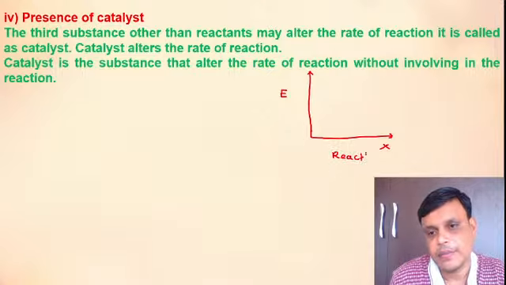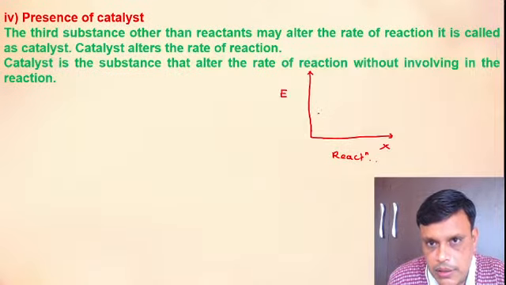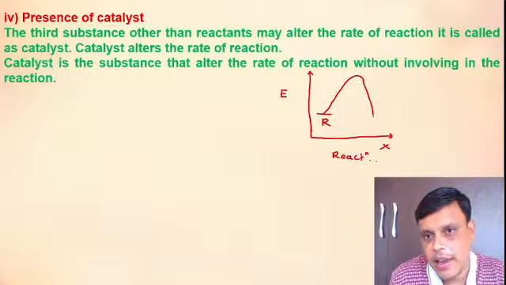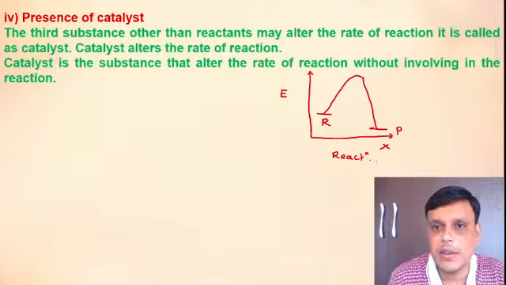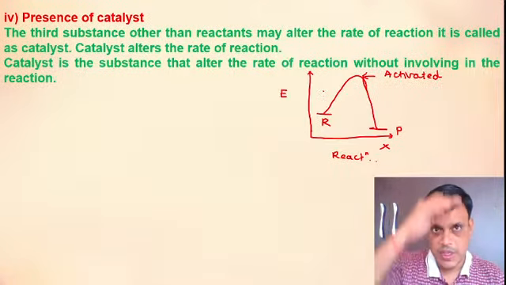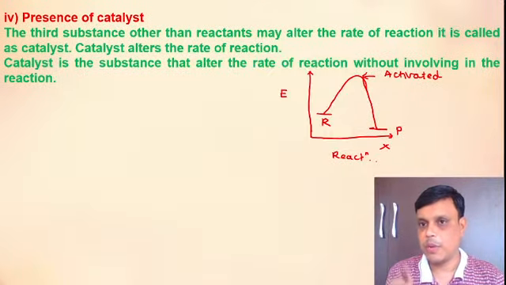These are your reactants initially, and they form an activated complex, and again they form a product. This peak is called the activated complex. First the reactant forms an activated complex, and then that activated complex breaks into the product.